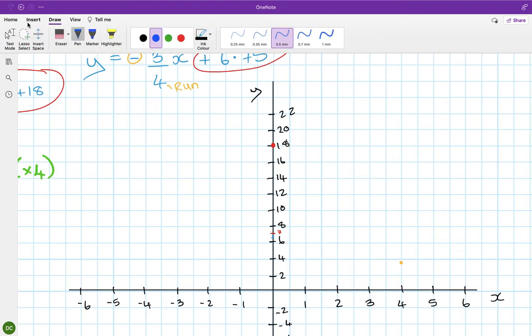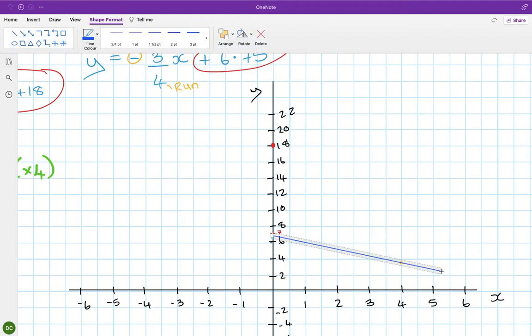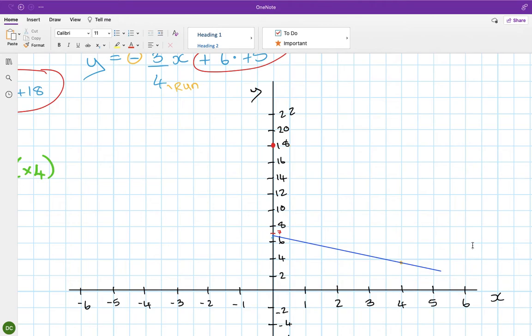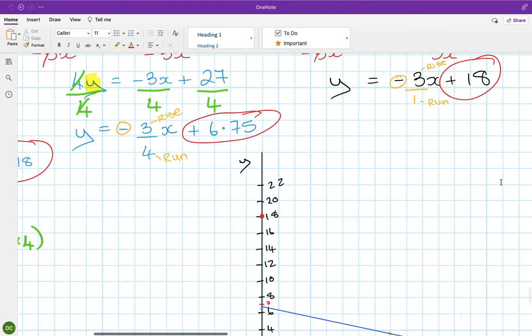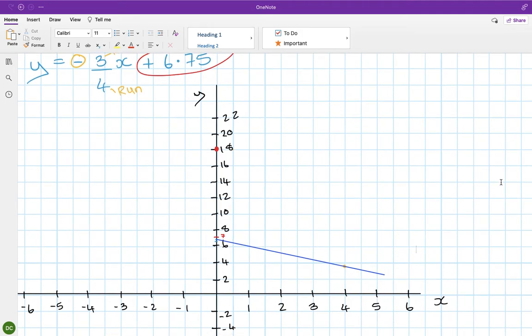So blue, insert, line. Okay, that's that one. And then the other one, the 18, was a run of 1 and a rise of -3. So again, I don't think I ran far enough because it's a double jump.